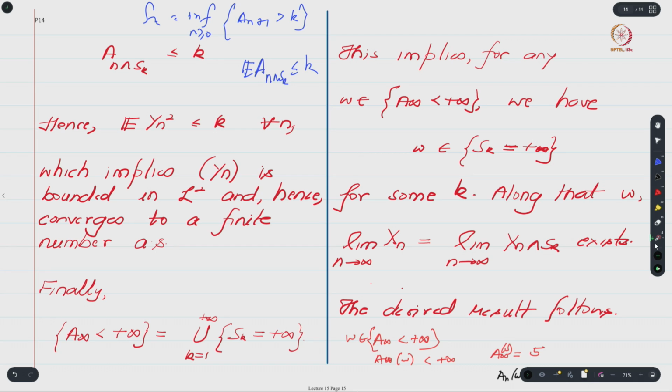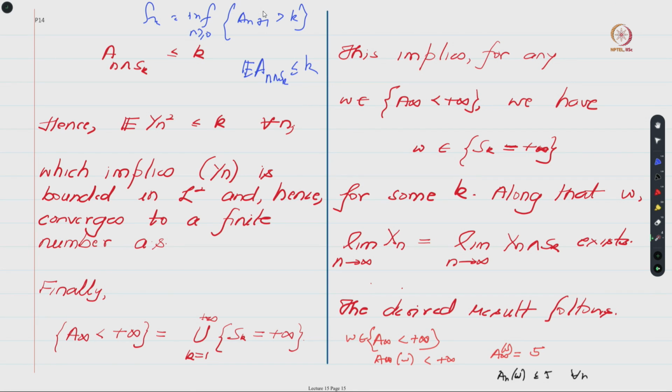So An of omega is less than or equal to 5 for all n. So if you pick a k which is bigger than 5, then one can conclude that this event will never happen on this omega.